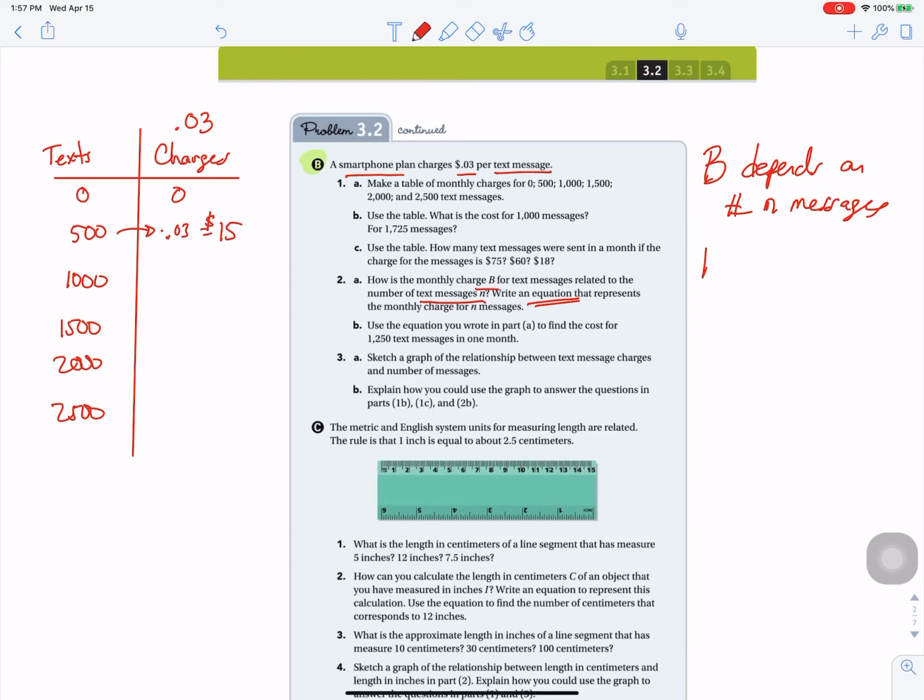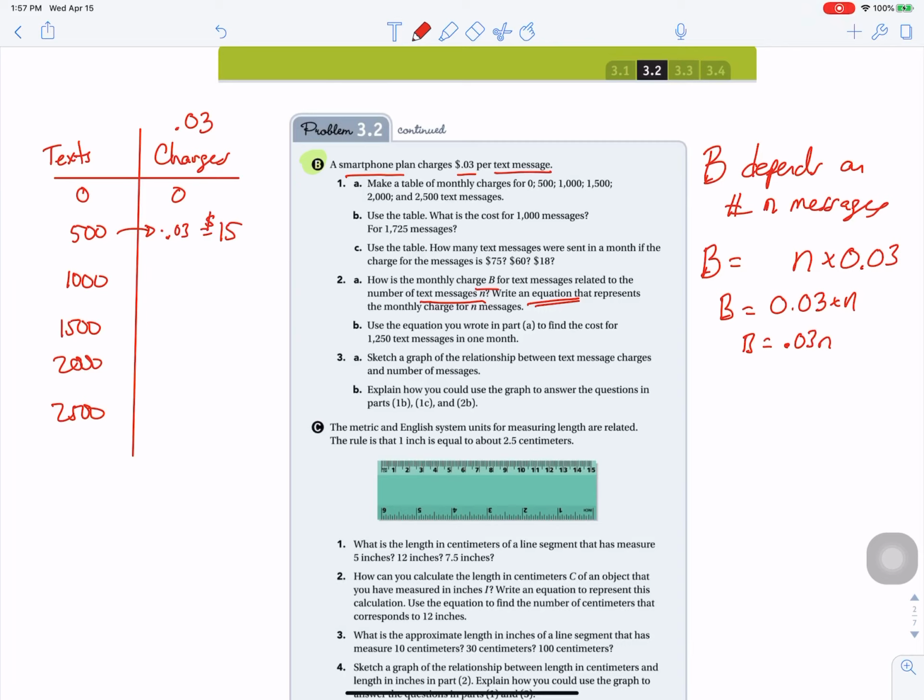In other words, B is N times 3 cents. And according to Mr. Trenda's video, which I agreed to, we want to write that as B equals 3 times N, or just that. Okay, so there's your equation.